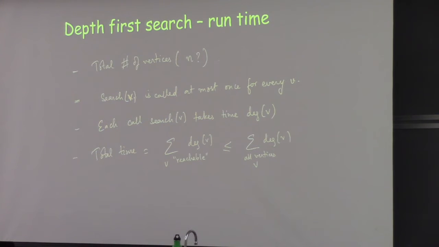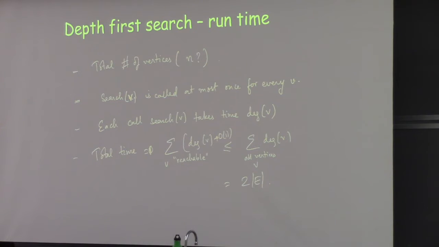This is what we just saw. This is 2 times the number of edges. And so there is also always a constant here. It's not just degree of V. If degree of V is 0, you still do something, right? So there is plus O of 1.